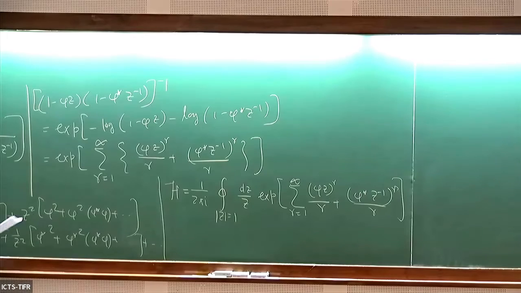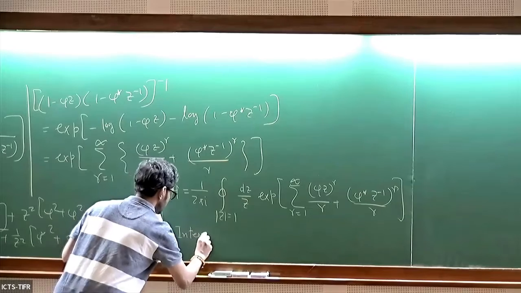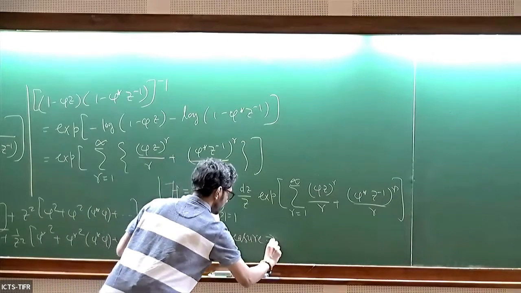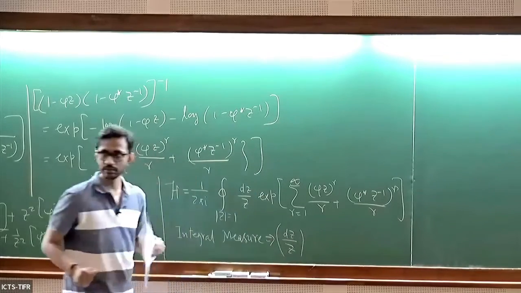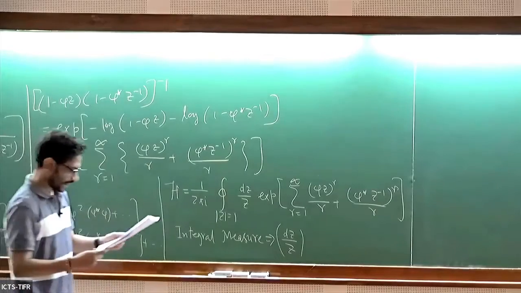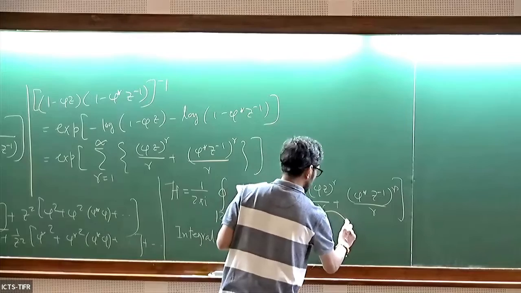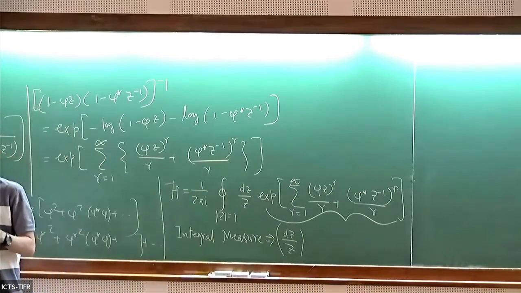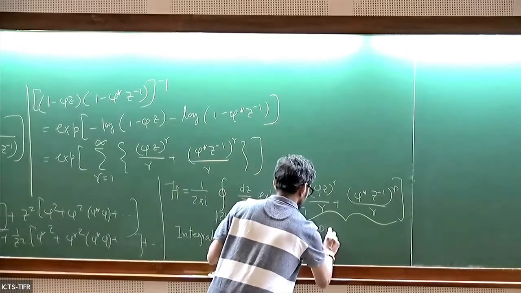So here let's identify that my integral measure is dz by z, and this exponential that I am writing, I define with a special name, which is called the statistics.